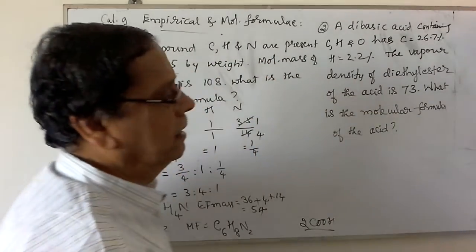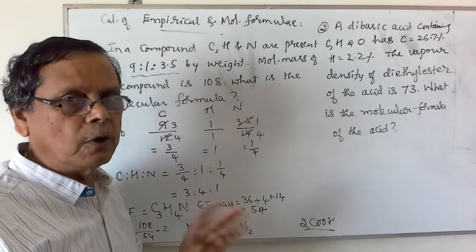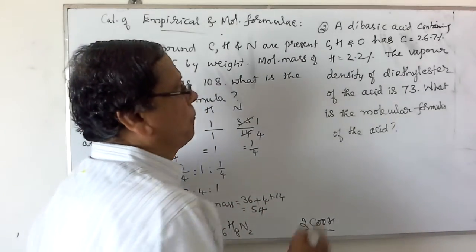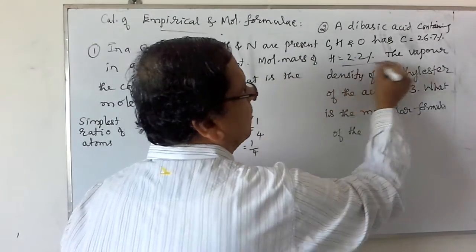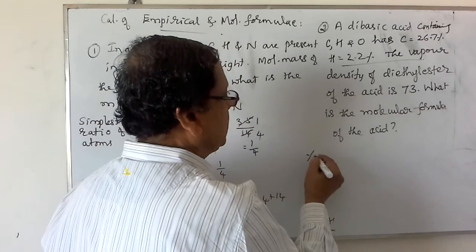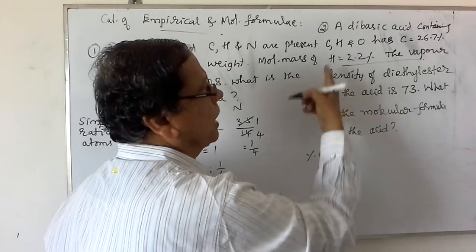It looks a little complicated, but it is not so complicated. It is simple. First we have to calculate the empirical formula based on this. Percentage of oxygen is not given, so we have to calculate it.